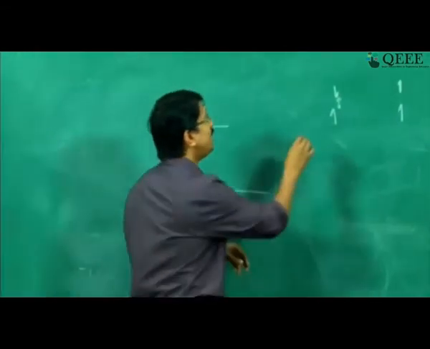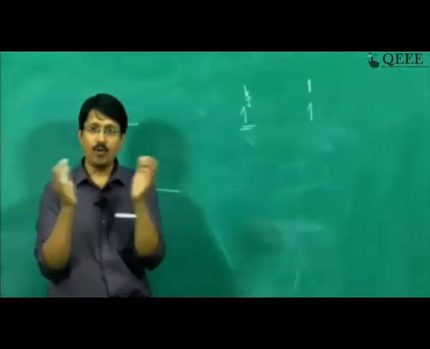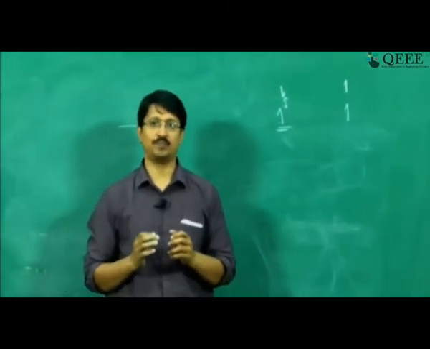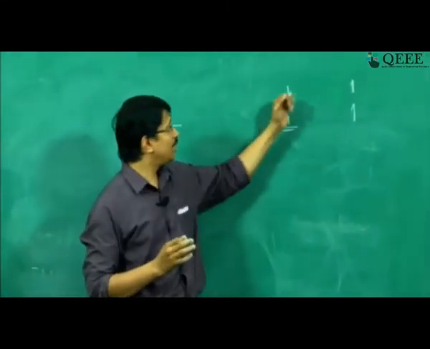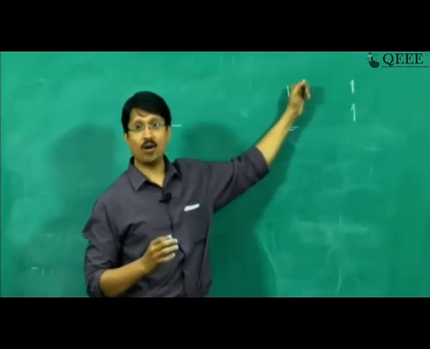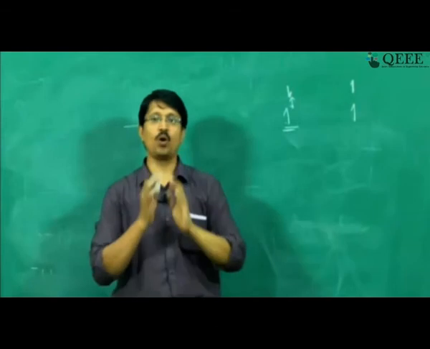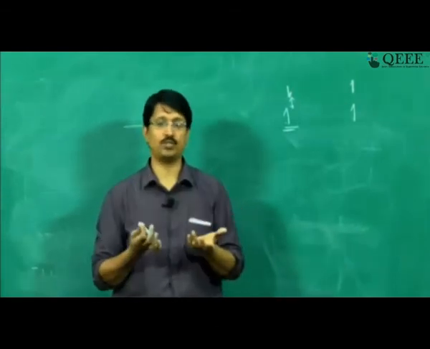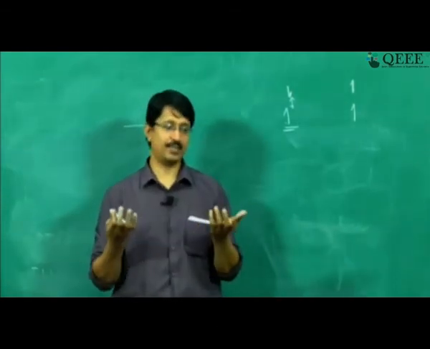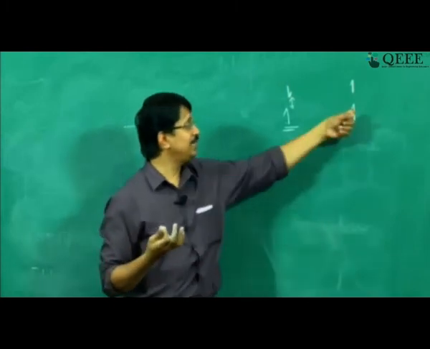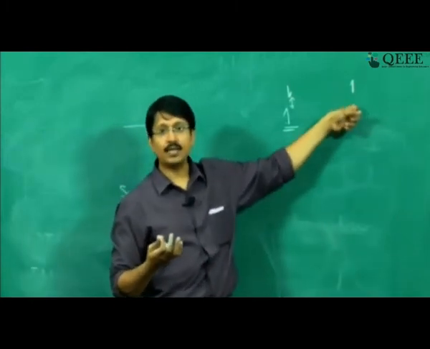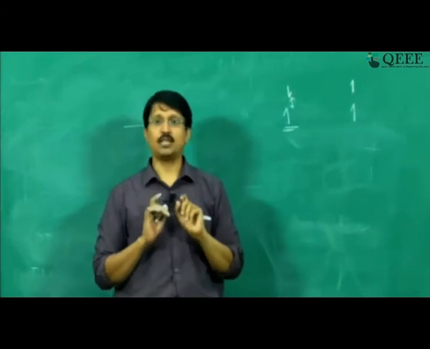Definitely this one, because they are allowed to come close, their spins are opposite. Now remember, both are electrons, so they have negative charges. When two charges come close, what will happen to the repulsion energy? It increases. Whereas in this case, they do not come that close because they have parallel spins.